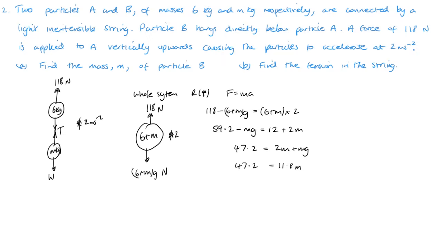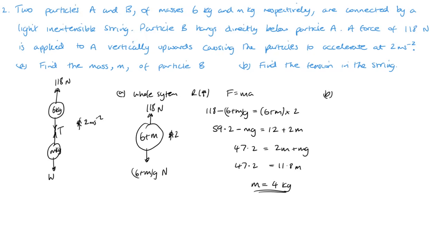So I've got 47.2 divided by 11.8, and m is 4. So that's 4 kilograms. Okay, so hopefully you can see it is still quite a straightforward question. Just got to think it through.